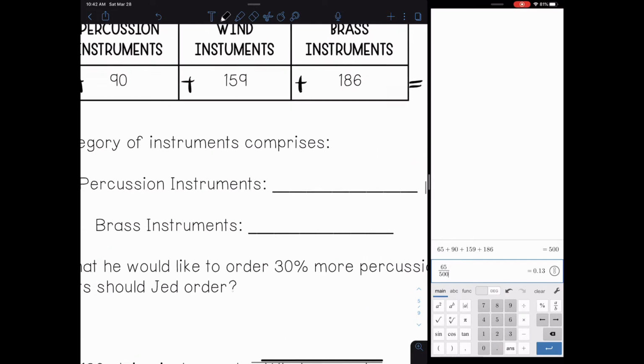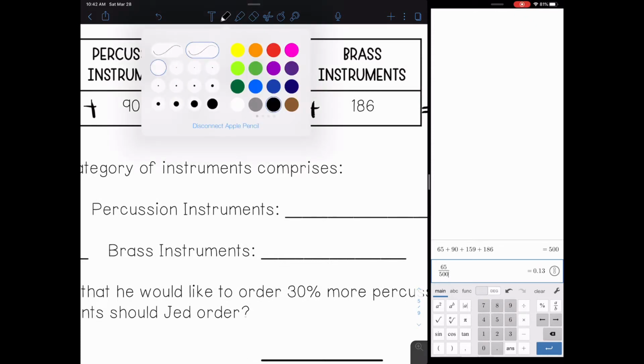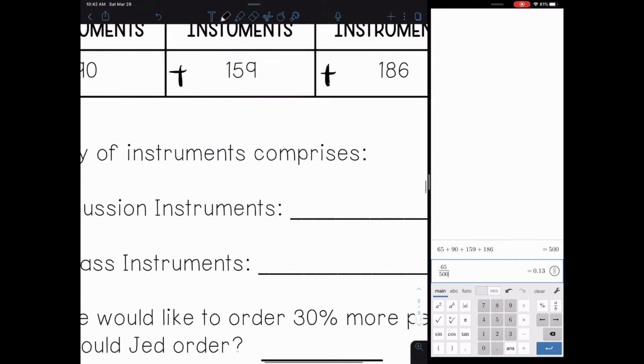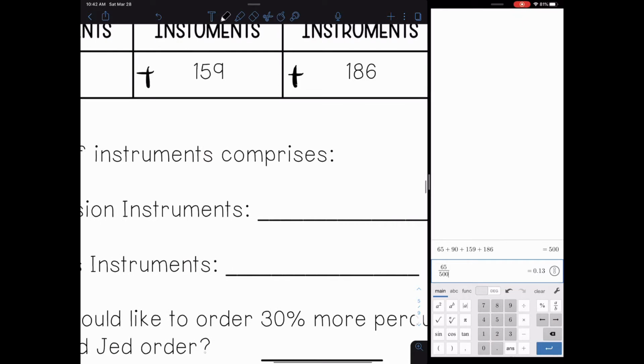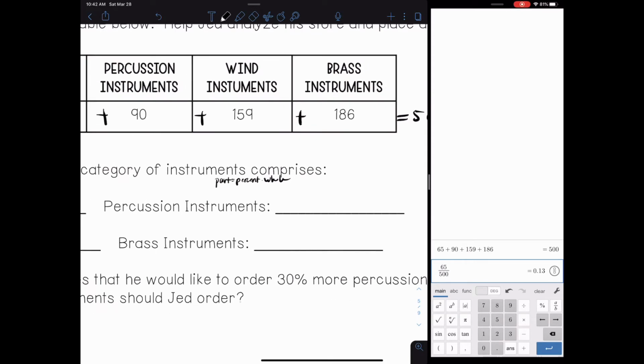The next one, the percussion instruments. Sorry if I mispronounced that. So it's going to be part equals percent times whole. All right, how much is the part?